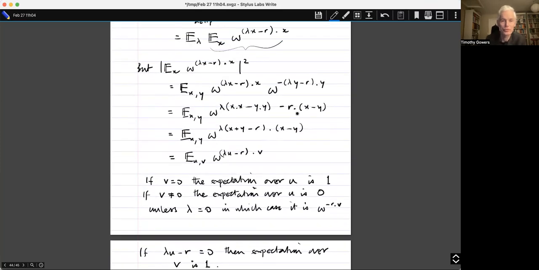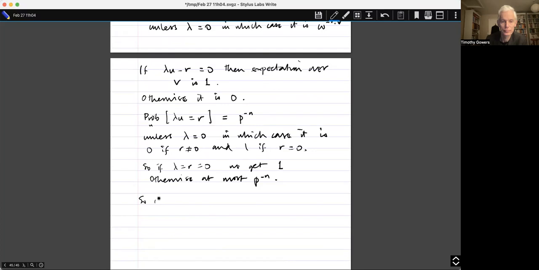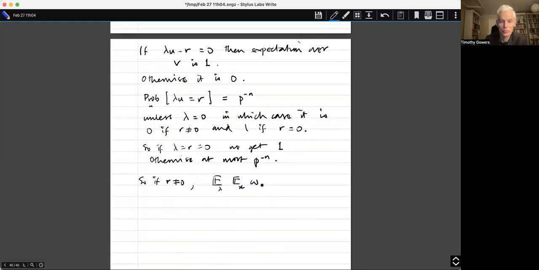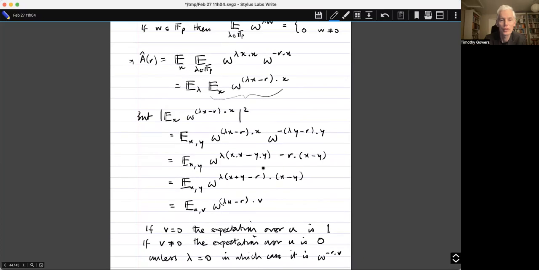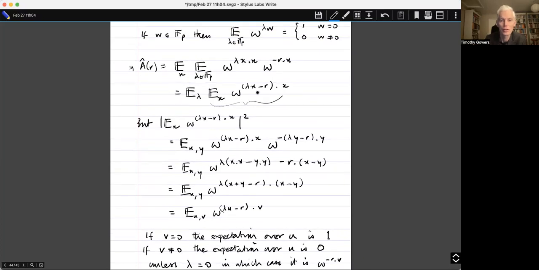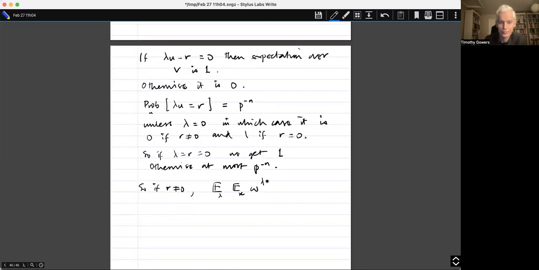So for this quantity here, that implies that if r doesn't equal 0, the average over lambda of the average over x of omega to the lambda x minus r dot x is less than or equal to the number of lambdas, which is p, in fact it's the number of non-zero lambdas, but that p times the size of each one of these things.